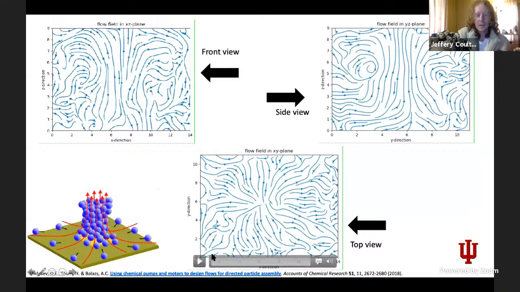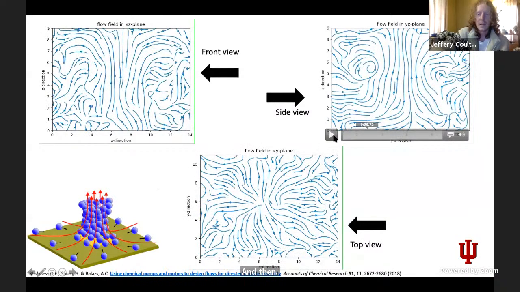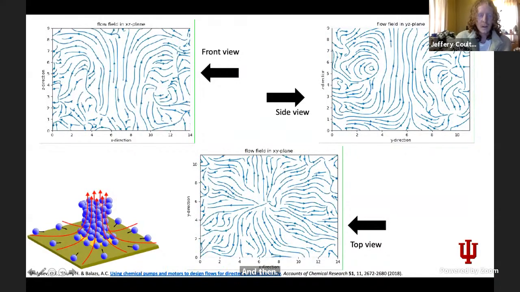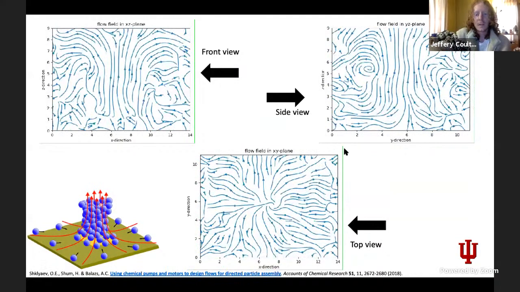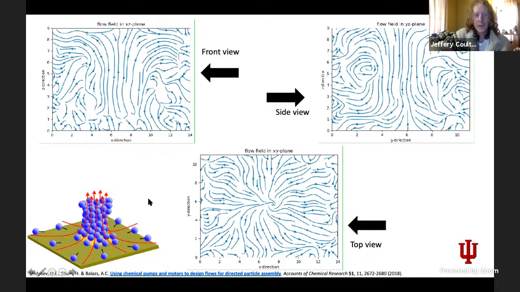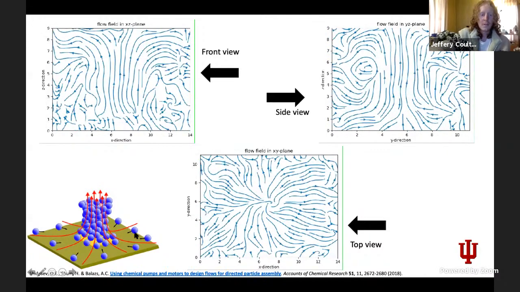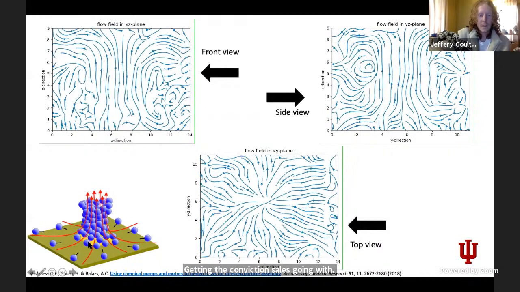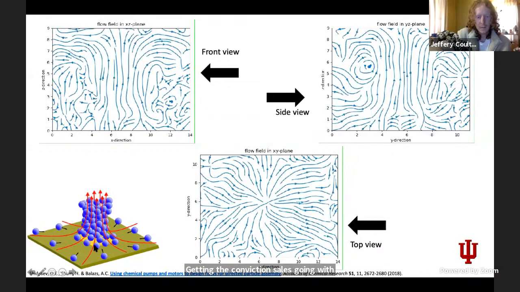And then last night, Andy updated Mechanica, and I was working on getting the convection cells going with this catalyst here in the bottom.